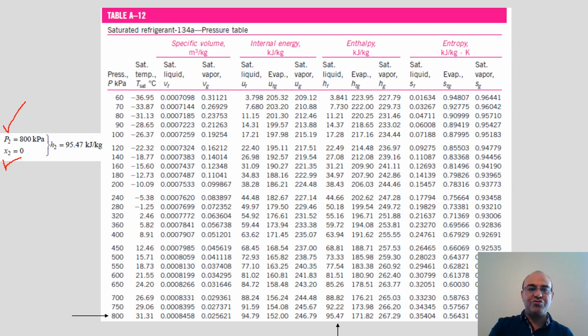So if we go to the saturated refrigerant pressure table and look at the pressure of 800 kilopascals, then h2 would be equal to hf, because quality is 0. So this 95.47 is h2, which was used in the calculations in the previous slides.